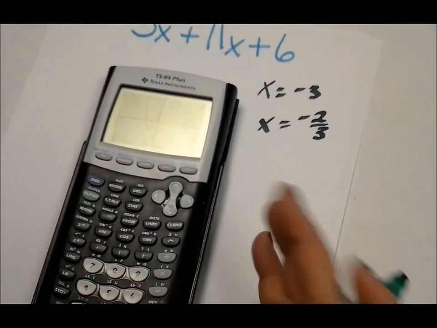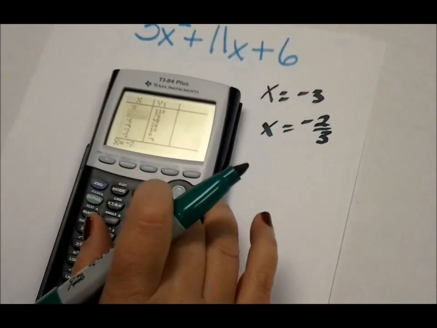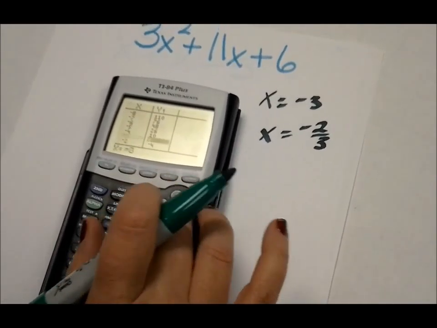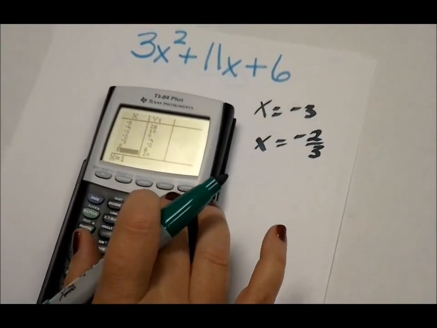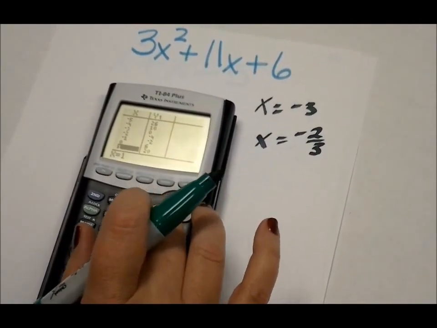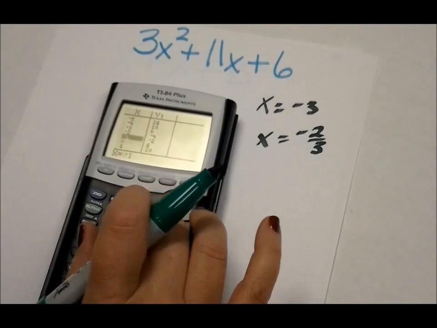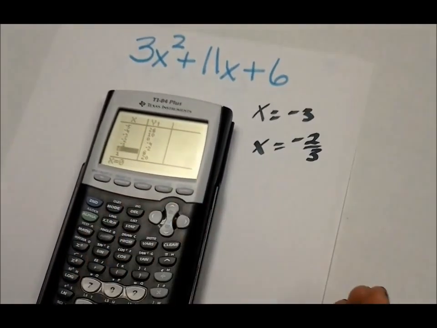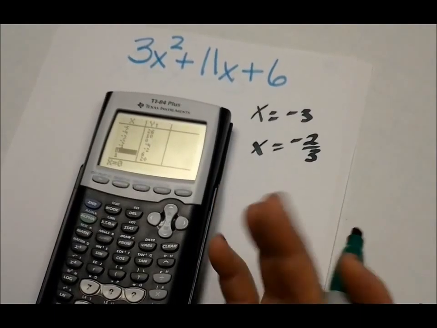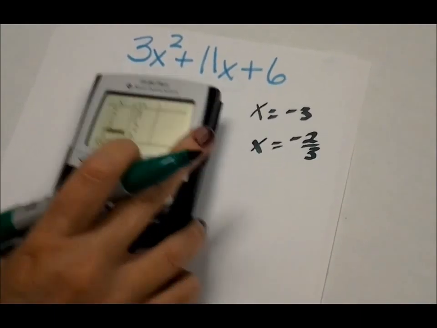If I go to the table, I will notice that at negative 3 I'm at 0, and between 0 and negative 1 something happens because I go from a negative 2 to a positive 6. I'm not going to see it on the table because it's a fractional representation.